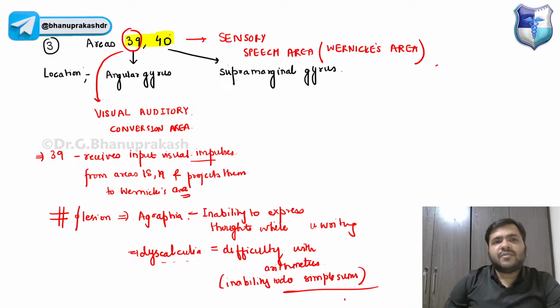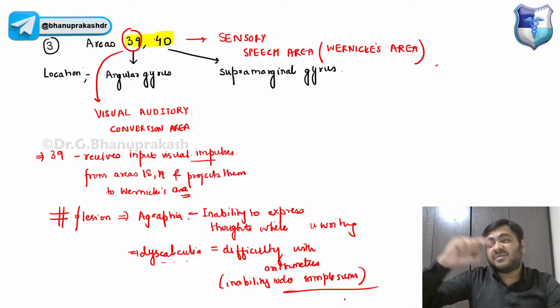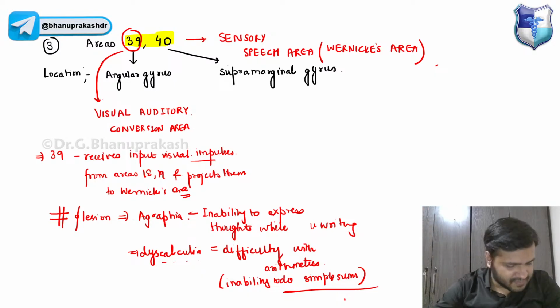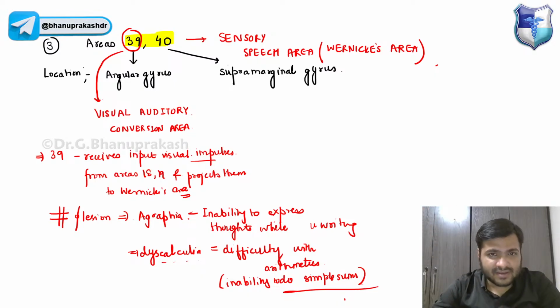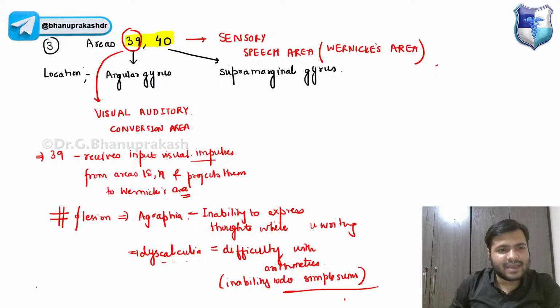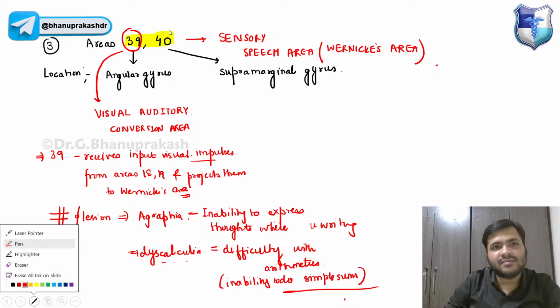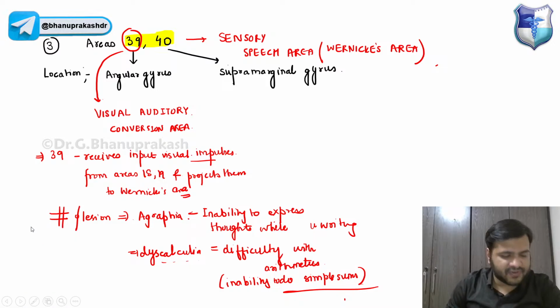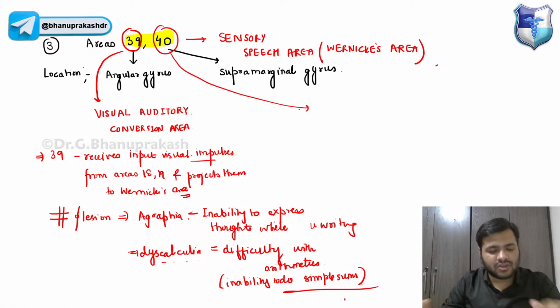Now this area number 40 basically surrounds the posterior ramus of the lateral sulcus, right? So it is arching around the posterior sulcus. So that is the supramarginal gyrus, right? So what is the function? It has the same kind of function, guys. Let me highlight the function of this 40 over here.